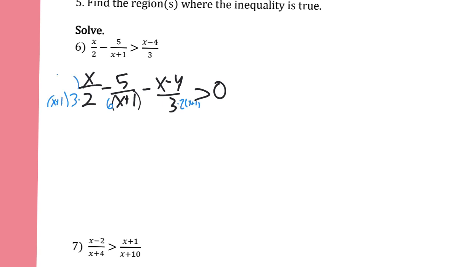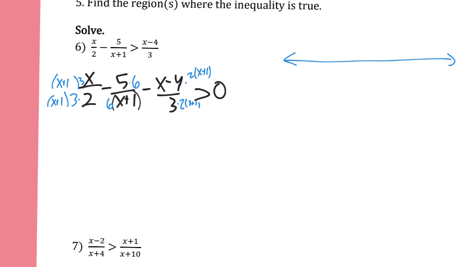Again, we're trying to get a common denominator so we can have a single fraction. Add up all the fractions so you have a single fraction, and then factor it to see what the critical values are on our number line. We want to find the regions of a number line that will work, and we'll find the critical values by factoring.